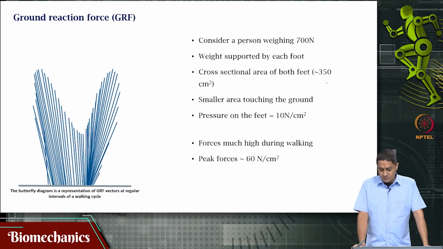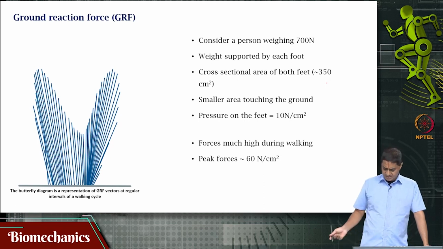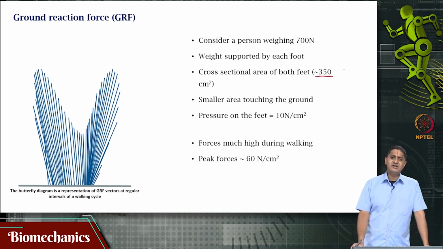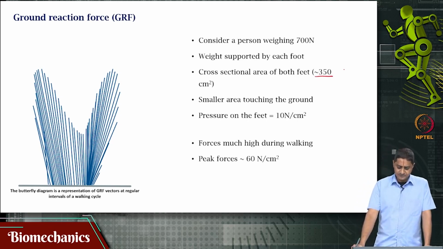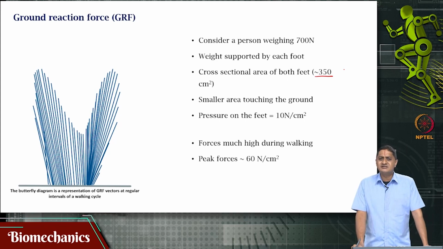A question is, what is the cross sectional area of your foot? Compute that. It varies between people, of course it varies between people. Some people have large feet, some people have small feet. So, the total cross sectional area of both the feet put together for an average person, for a medium person, is about 350 square centimeter. Now, a question is, is this entire 350 square centimeter in touch with the ground?